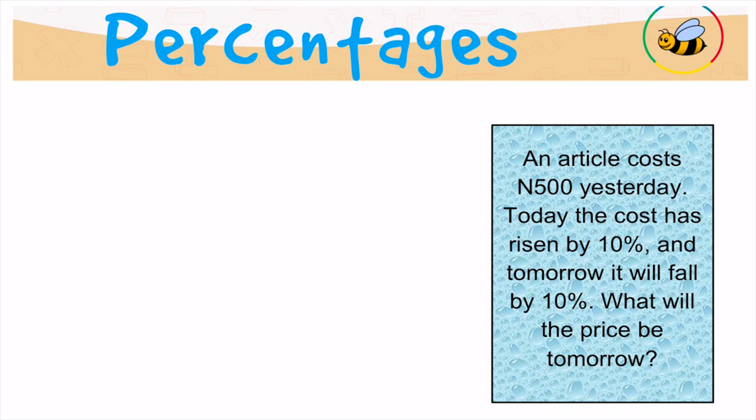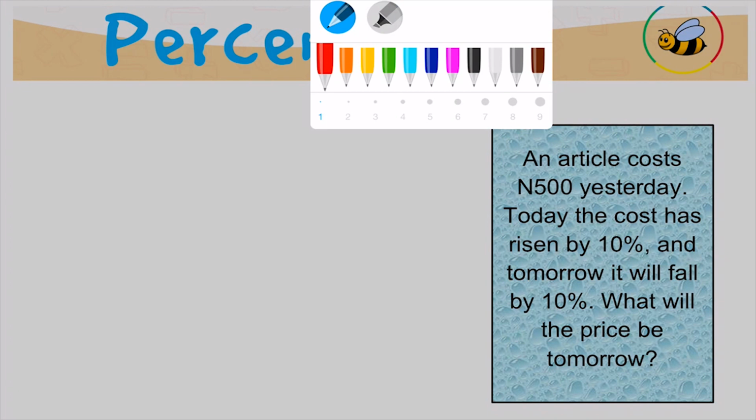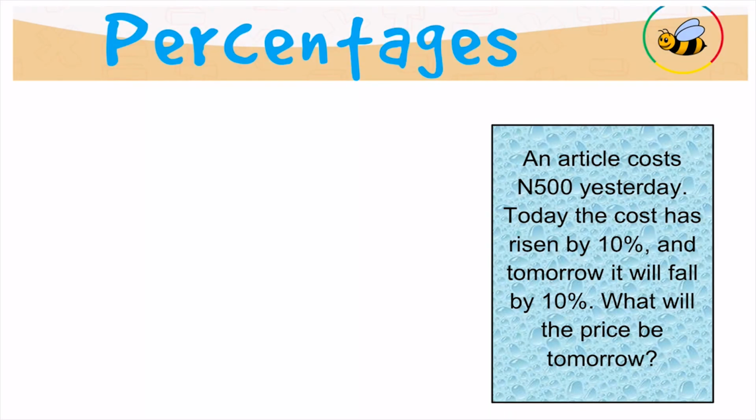Oftentimes, people will think that the answer is obvious, but let's go through the question, the information provided, and work through the arithmetic till we reach the correct answer. So, writing down everything we've been told and just working through that arithmetic, the original cost is equal to 500 naira.